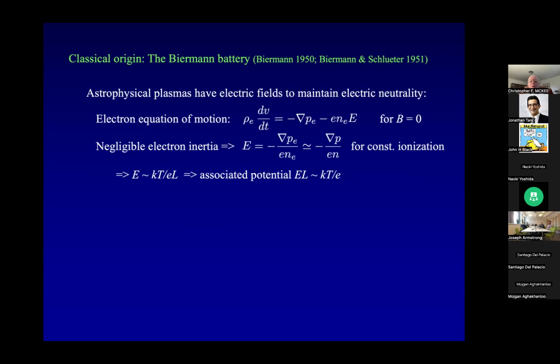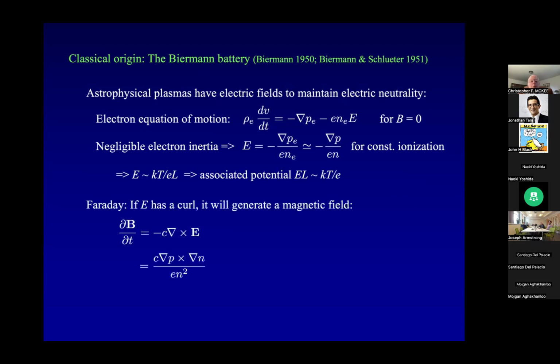So if we just say that the gradient of the pressure is of order the pressure divided by the length scale, and the pressure is nkT, so the n's go away, you can see the electric field then is of order kT over eL. So the associated potential EL is of order kT over e. So if you have a temperature, for example, of 10,000 degrees, that just means that the typical potentials inside the plasma would be of order 1 electron volt. Okay, now we know that if we apply Faraday's law, if E has a curl, it's going to generate a magnetic field.